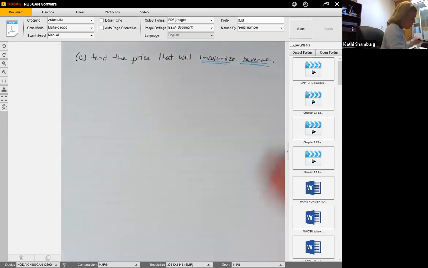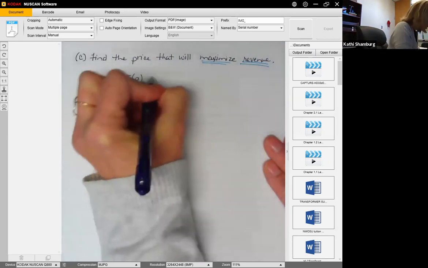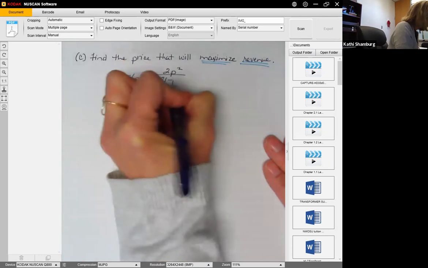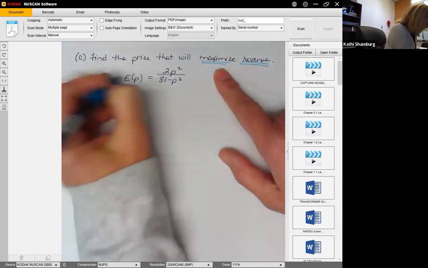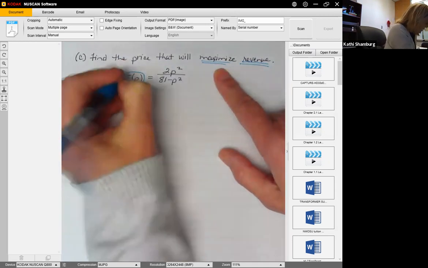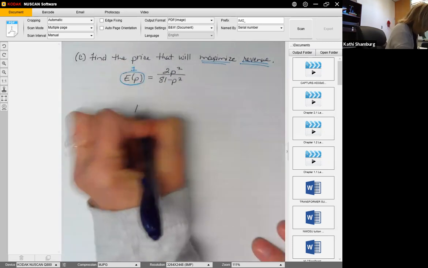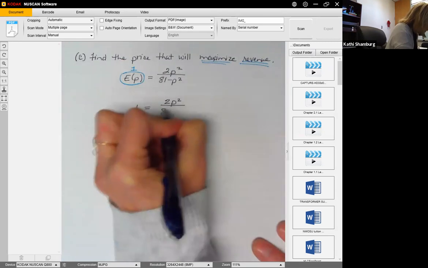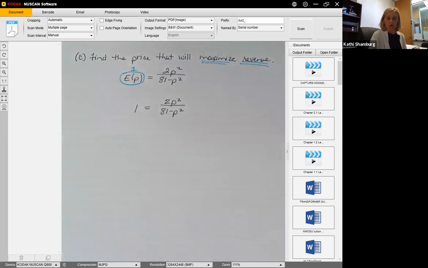All right, so we found the elasticity function to be 2p squared over 81 minus p squared. In order for revenue to be maximized, this needs to be 1. So I'm going to rewrite it as 1 equals 2p squared over 81 minus p squared. Now it's a matter of solving the equation for p.